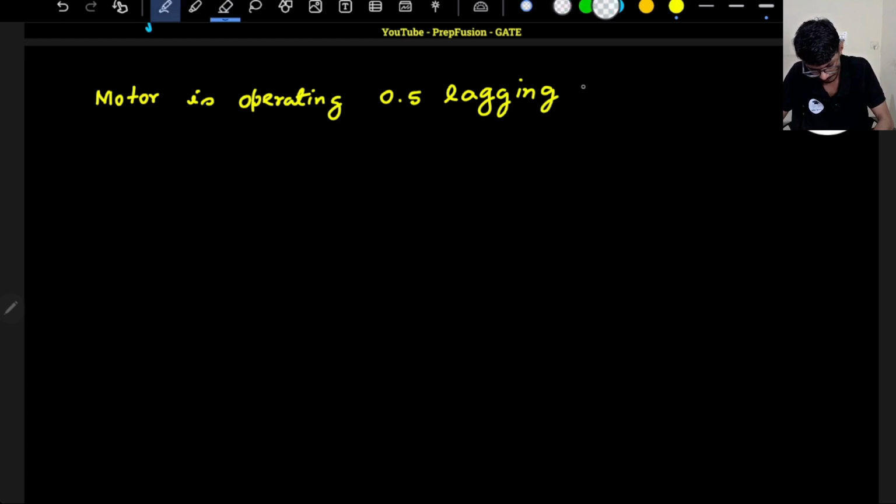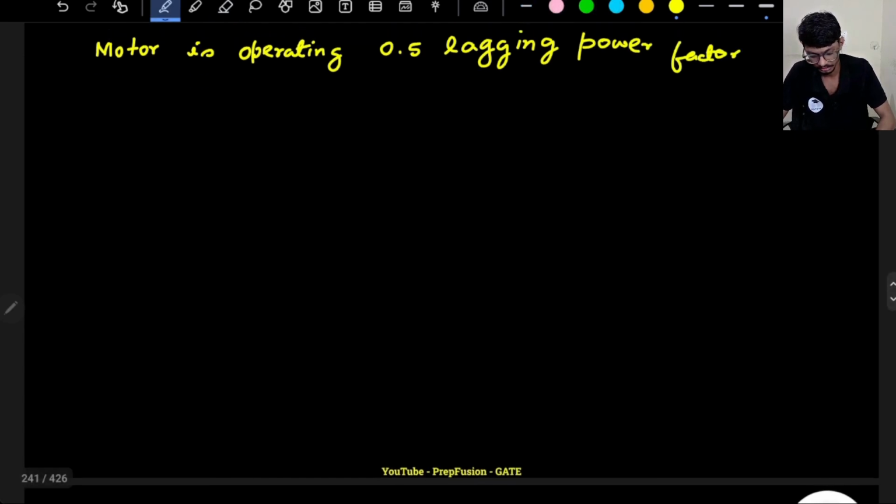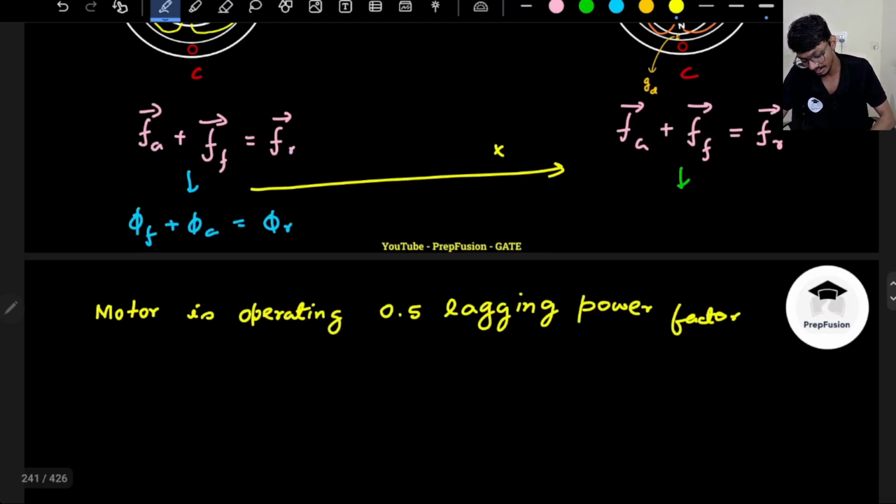So if I say the motor is operating in 0.5 lagging power factor, then basically what does it mean?